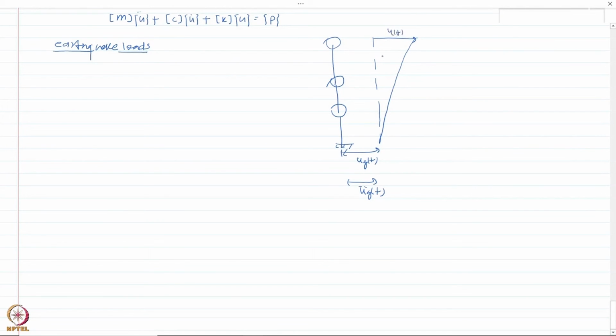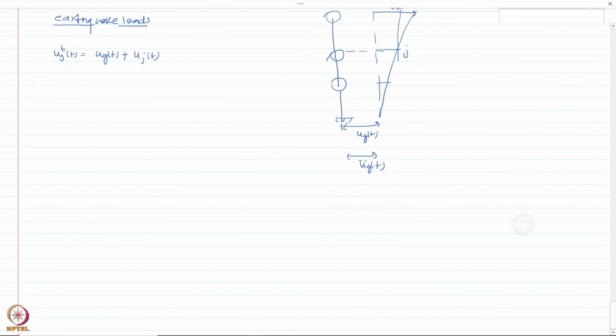Now at any degree of freedom, let us say this is the ith or jth degree of freedom, the total displacement at the jth degree of freedom would be the ground displacement plus the relative displacement of the jth degree of freedom.